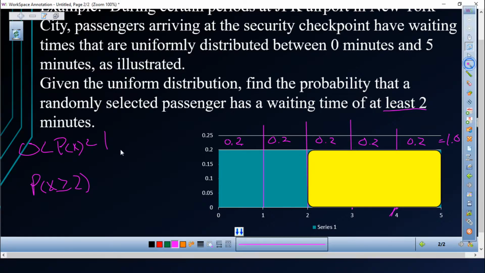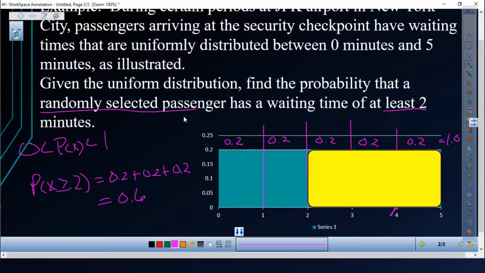And so we just have to add those up. 0.2 plus 0.2 plus 0.2 equals 0.6. So there's a probability of 0.6 that a randomly selected passenger will have a waiting time of at least 2 minutes. Okay? There we go.